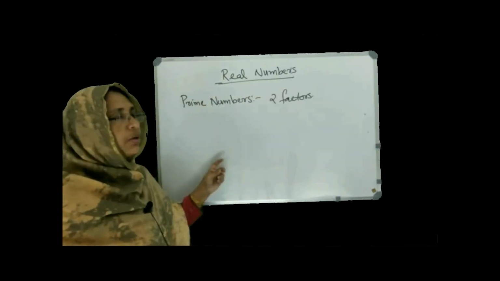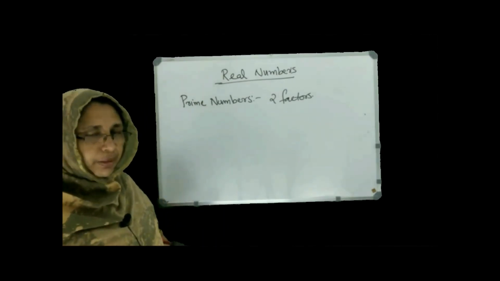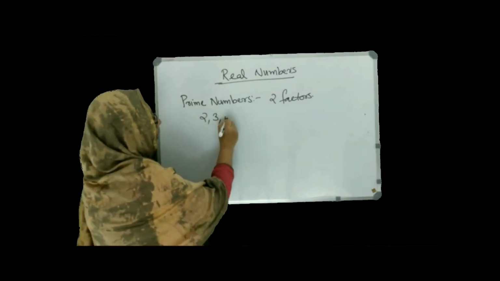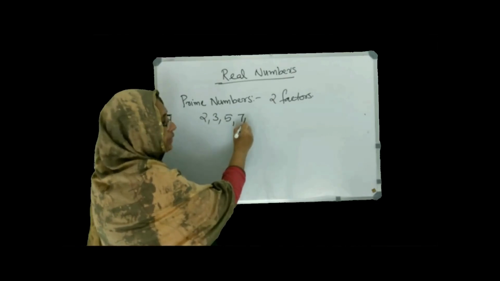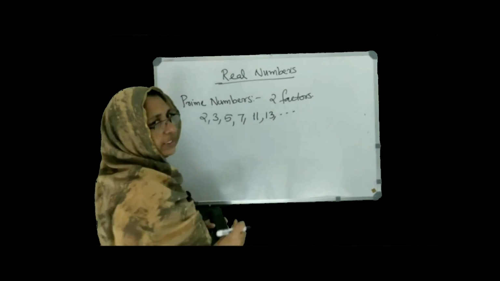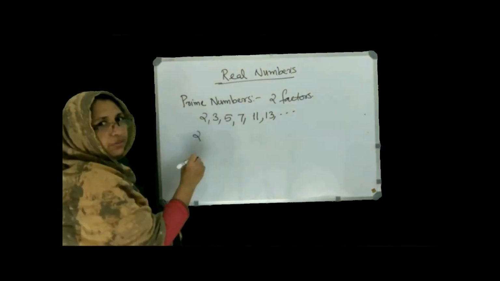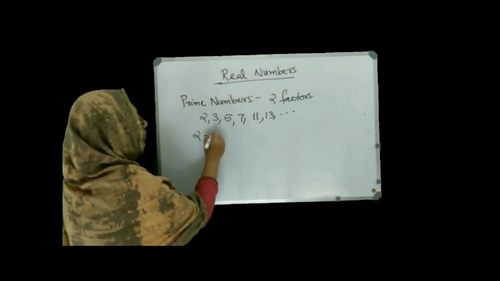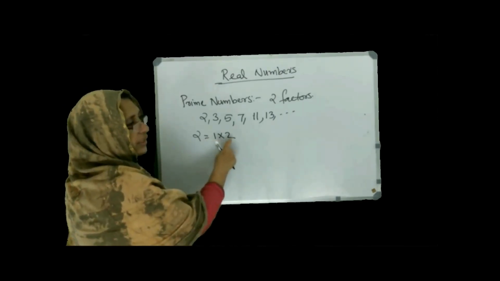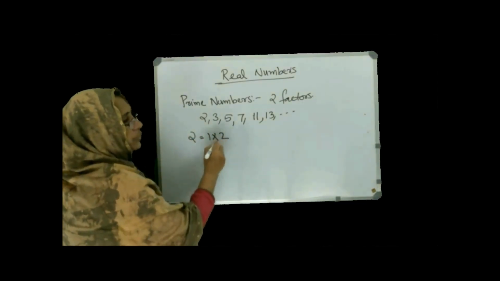A number that has only two factors is called a prime number. Prime numbers are 2, 3, 5, 7, 11, 13, etc. We can write 2 equal to 1 into 2.